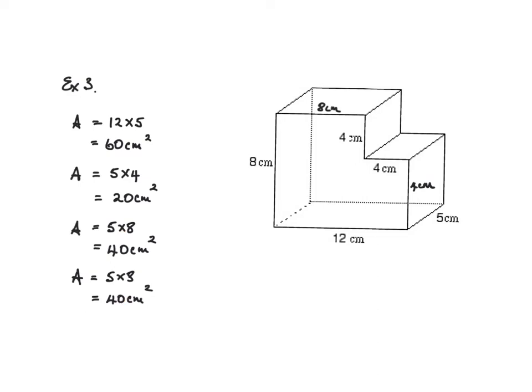Now we've still got a number to do. We've got to work out this area here and this area. I think these are both the same. It's 4 times 5, and that's 4 times 5. So area equals 4 times 5, which is 20 centimetres squared. And what about the front? Now that's a problem.